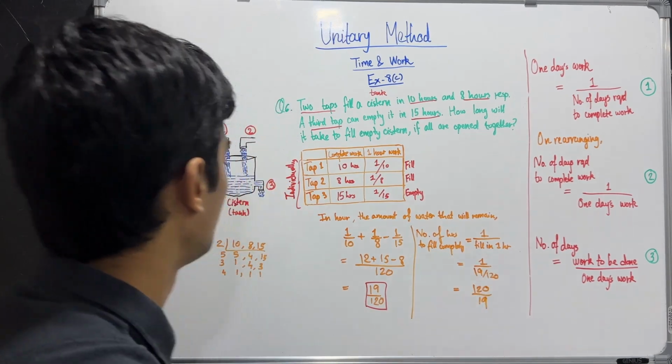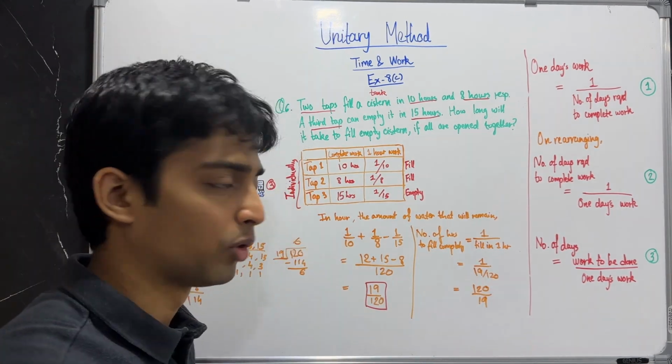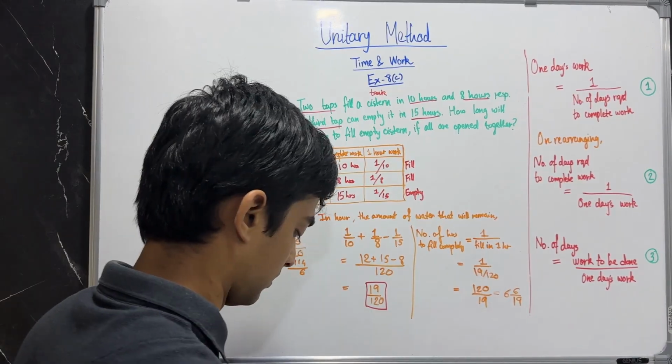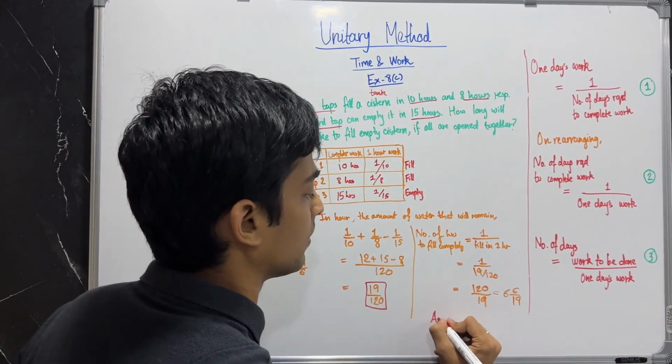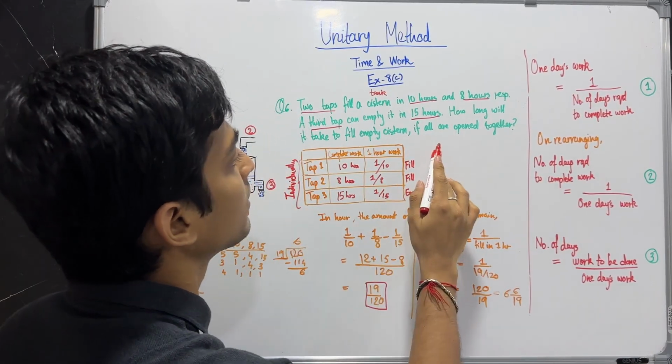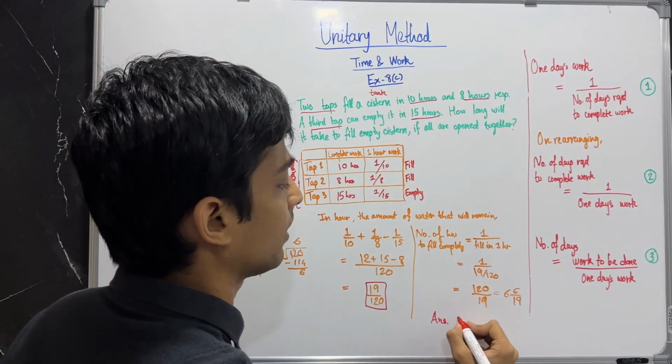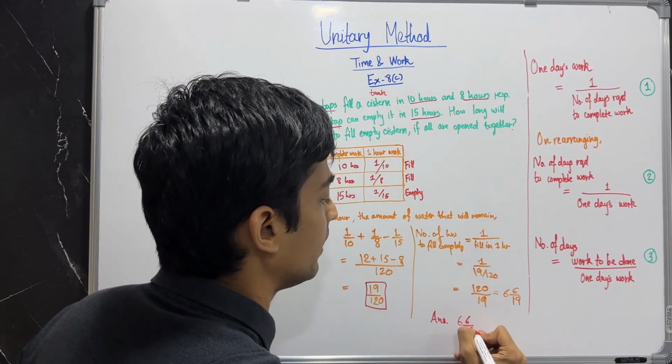If we divide, let's see what we get. This will come out to 6 upon 19. So the answer is, how long will it take to fill the empty cistern if all are open together? We can write 6 upon 19 hours.